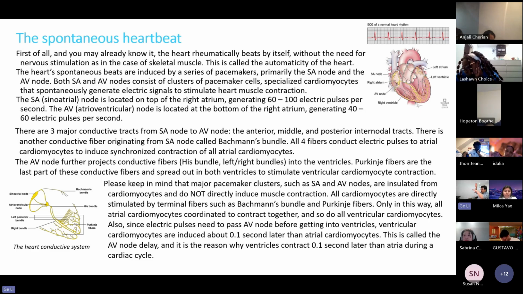Why does the ventricle contract about 0.1 second after the atrium? That's the time the signal takes to transmit from the SA node to the AV node.